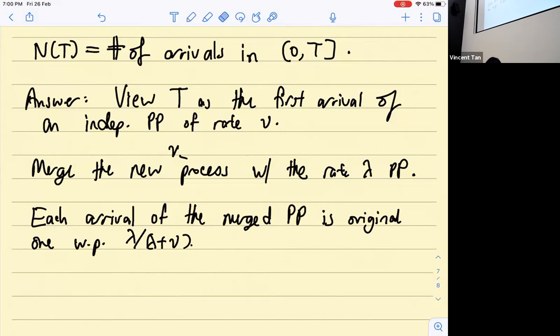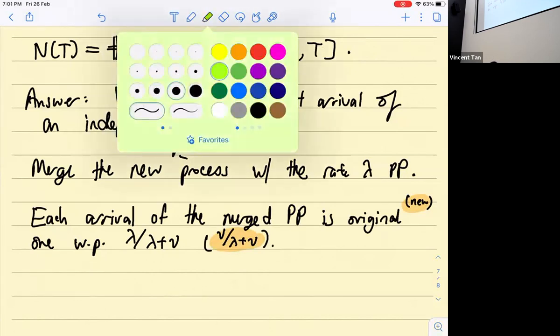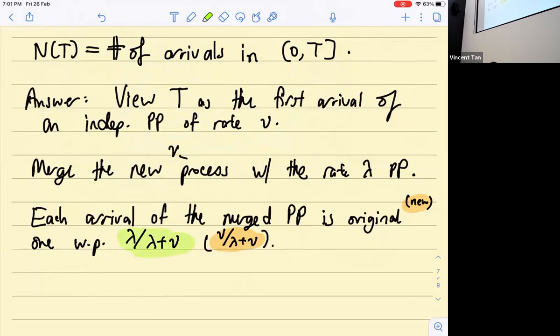And it is the new process with probability nu over lambda plus nu. So the original one goes with this probability, and the new one with this probability.